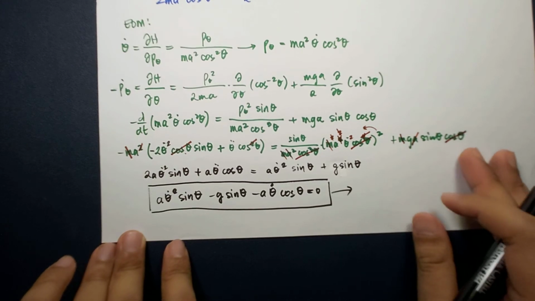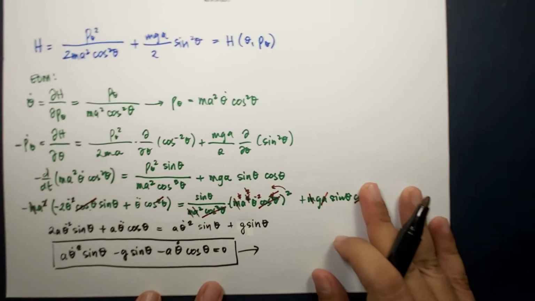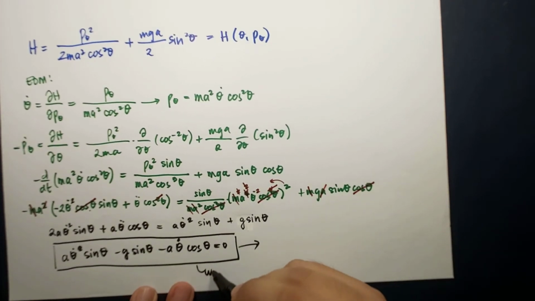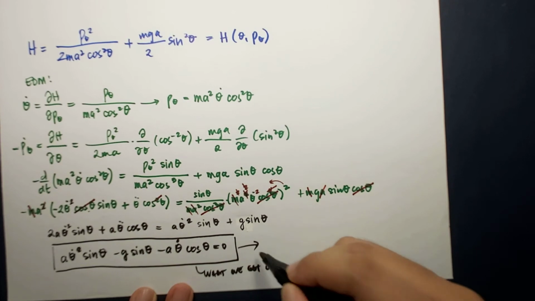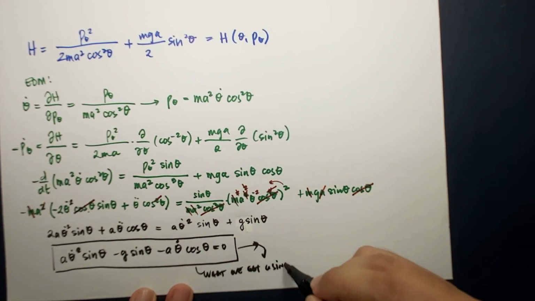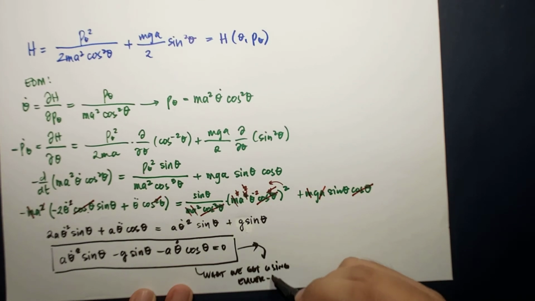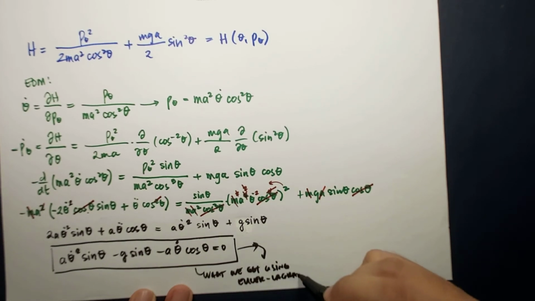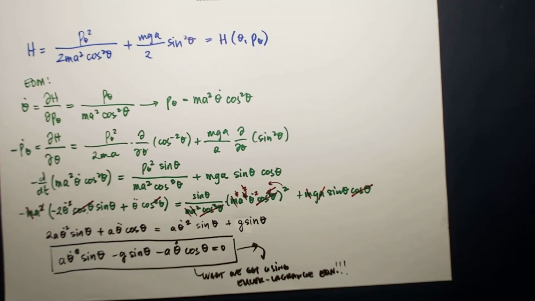Okay, now let's look at this equation a little bit deeper. Okay, so again, this is what we got using the Euler-Lagrange equation. Now let's look at this equation a little bit deeper.